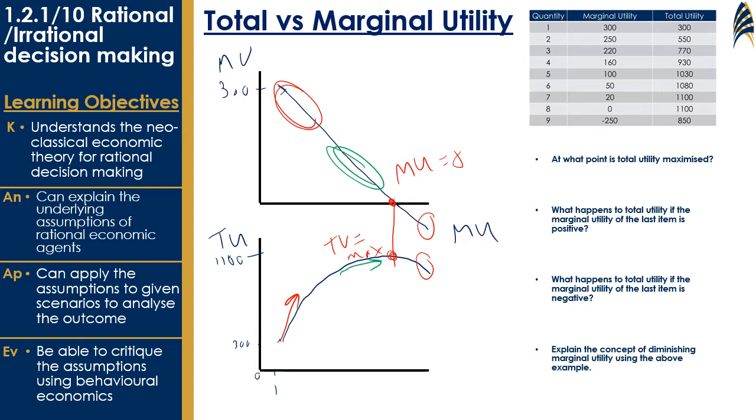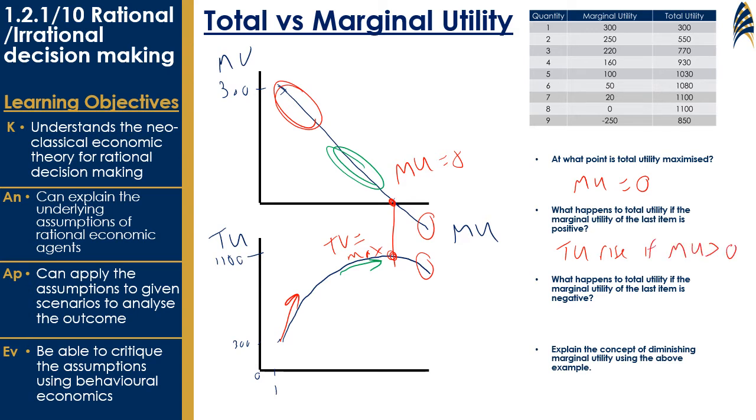That should make sense. Anyway, we can now answer these questions. At what point is total utility maximized? Well, when marginal utility equals 0, which is at unit 8. What happens to total utility if the marginal utility of the last item is positive? Well, total utility must rise if marginal utility is positive.